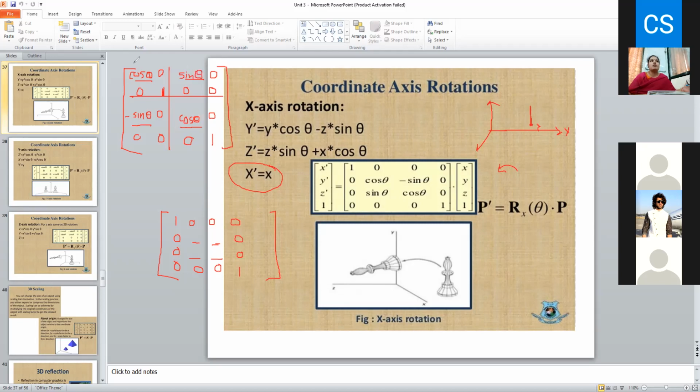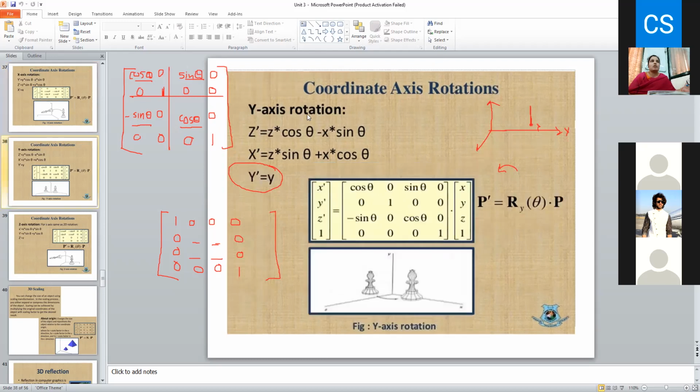So this is the T matrix for rotation about the y-axis. Now we will see whether it is correct or not. So y-axis rotation: cos theta 0, sin theta 0, then 0, 1, 0, 0, then minus sin theta 0, cos theta 0, then 0, 0, 0, 1. Okay. So y dash is equal to y now, and x and z are changing with respect to sin and cos of theta.